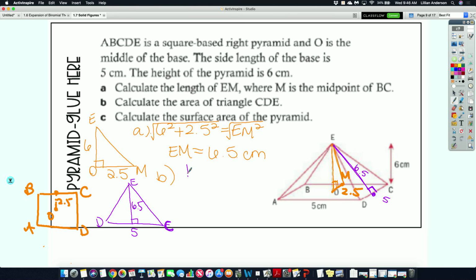So to find the area, we will use old school one half base times height. All the slant heights, no matter if it's a rectangle or a square, are going to form that 90-degree angle with the side. So what's half of 5 times 6.5? 16.25, and I am going to go that full distance because it ends at the 2.5, correct?